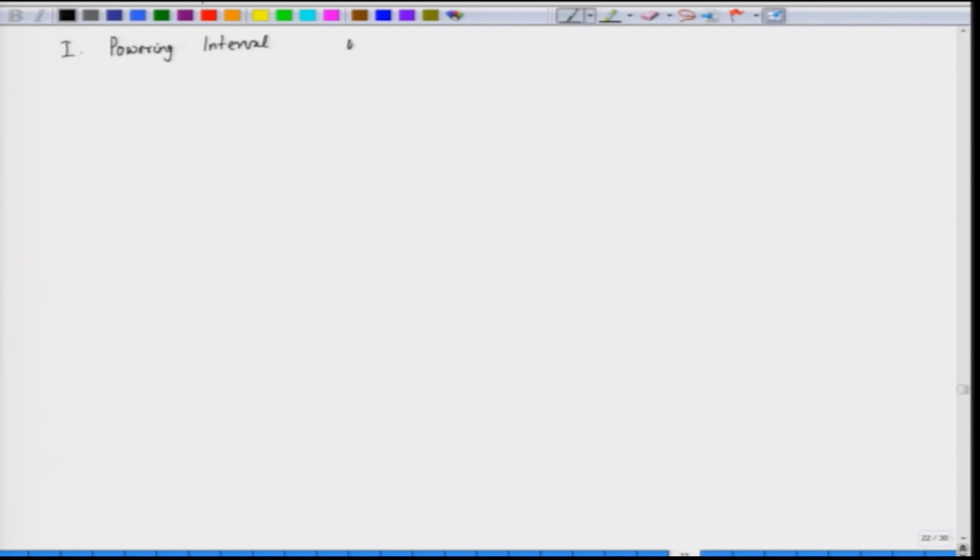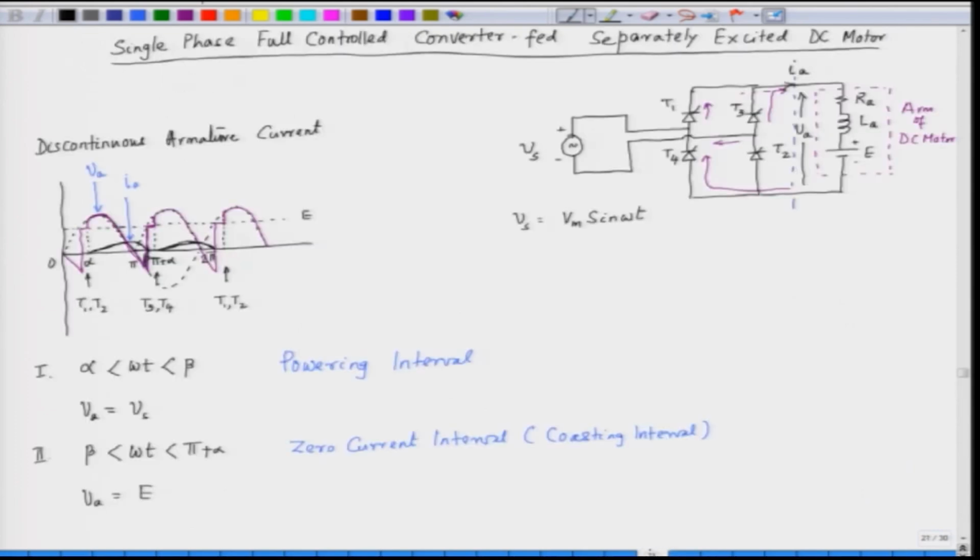This interval is omega t greater than alpha, less than beta. Now, in this case, what is the input? Input is the same as output. Output is in fact equal to the input voltage Vs. So, what is this voltage Va? If we see this armature voltage Va, it consists of 3 different voltages.